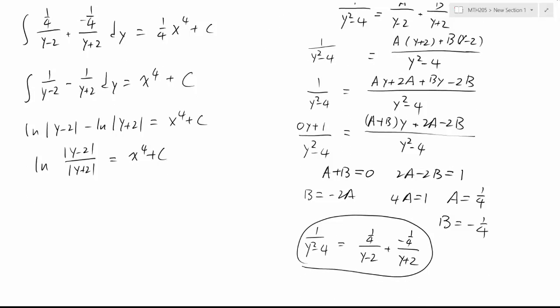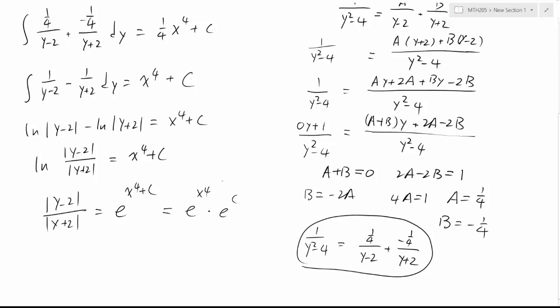Or if we exponentiate both sides, then we have (y minus 2) over (y plus 2) is equal to e to the (x to the fourth plus c). Now we can write this in the form of e to the x to the fourth times e to the c.